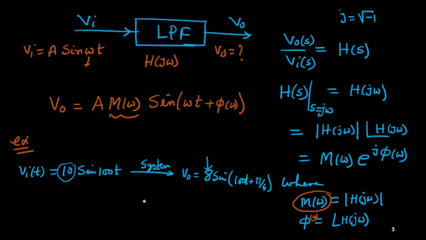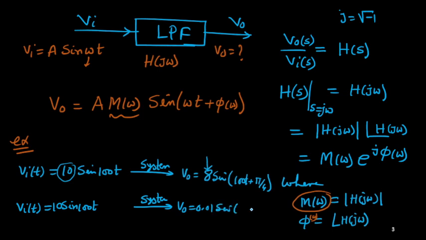Okay, now we have another system. The same input is applied, 10 sine 100t, and this time suppose the output equals 0.01 sine of 100t minus pi by 6, whatever it is.